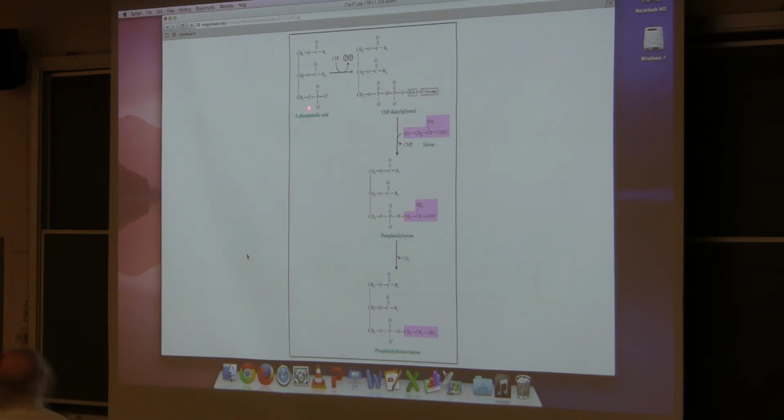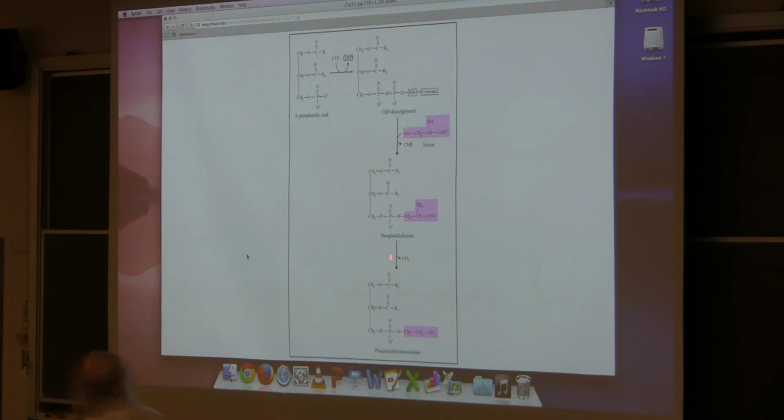First of all, we start with phosphatidic acid because that's the branch point. And phosphatidic acid is combined with CTP to make CDP diacylglycerol. That's an important molecule because it's an intermediate in the synthesis of a lot of the glycerophospholipids. CDP diacylglycerol.